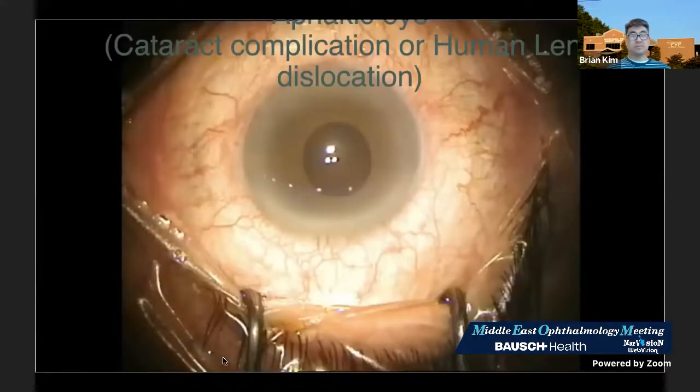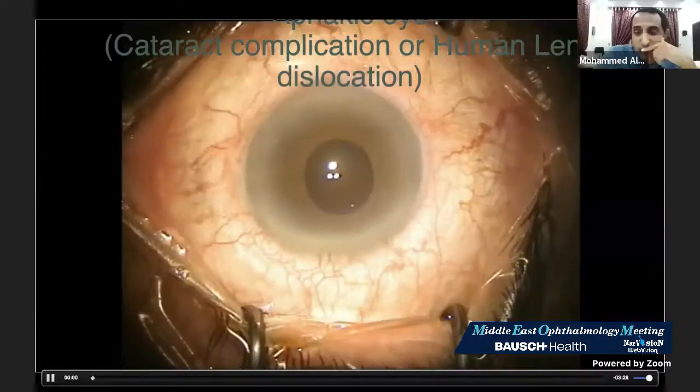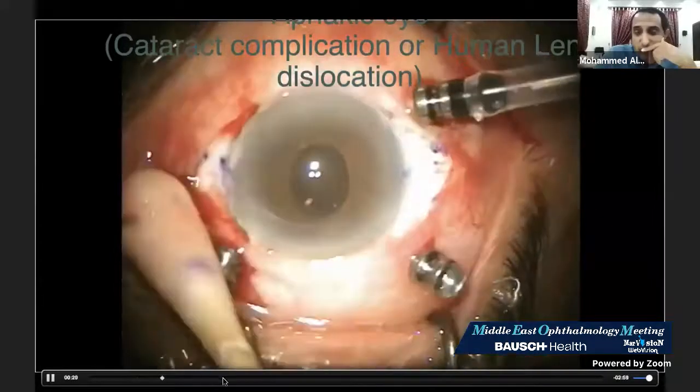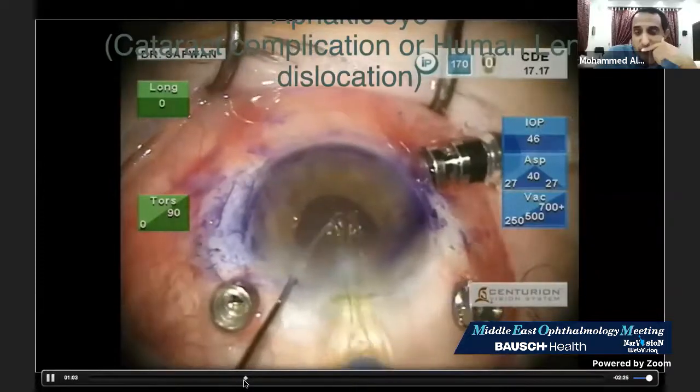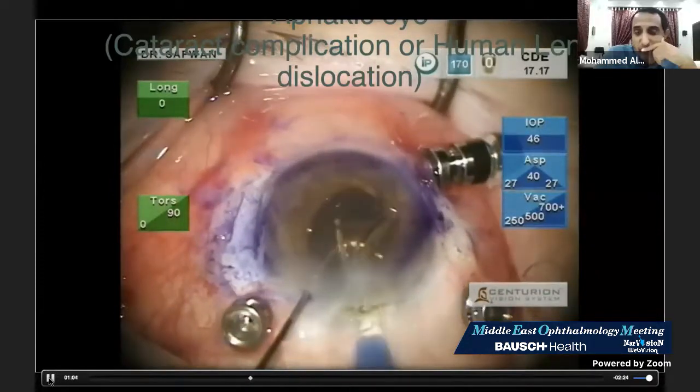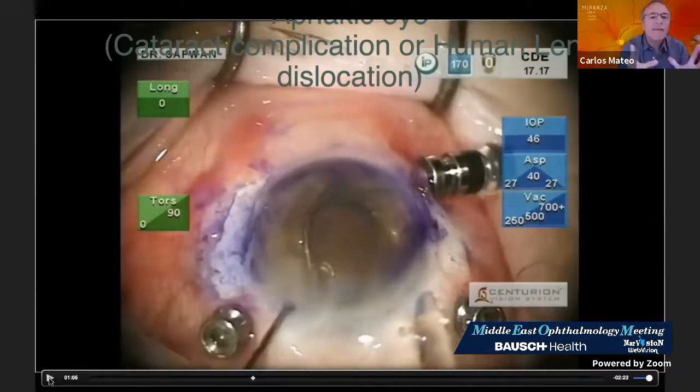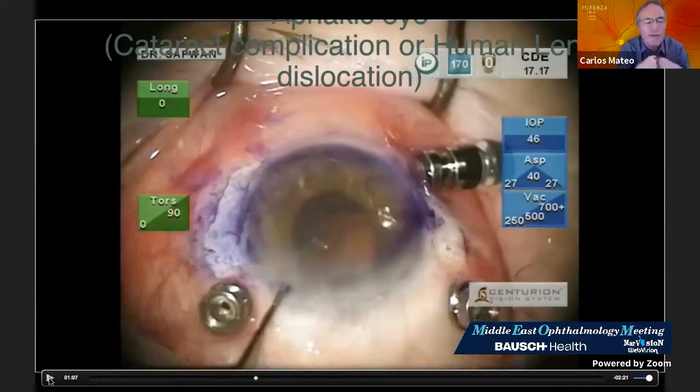Do you use the pars plana trocar instead of paracentesis, or MST forceps introduction instead of paracentesis? Yes, they are already. Remember that the cases I've shown are cases where I rescue the same lens, and I use the forceps that I use for vitreoretinal surgery, 23 or 25 gauge.